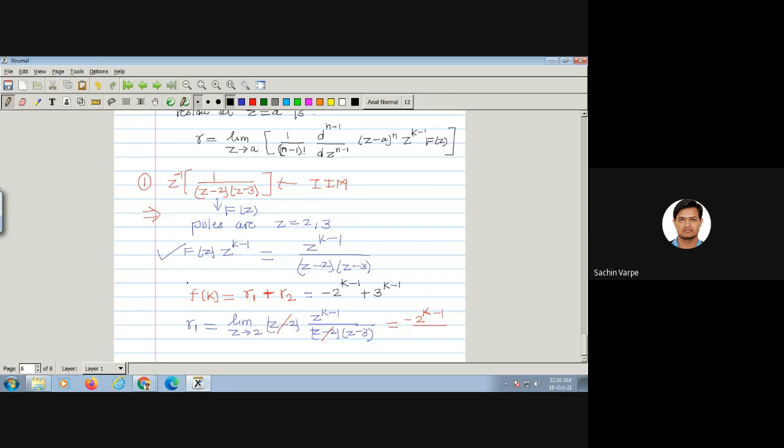So this is your required f of k: minus 2 raised to k minus 1 plus 3 raised to k minus 1, where k varies from 1 to infinity, or strictly greater than 0. And we can consider even the ROC mod Z greater than 3. If I consider this, automatically it will be greater than 2, so it will be applicable to this also. So this is your complete answer.